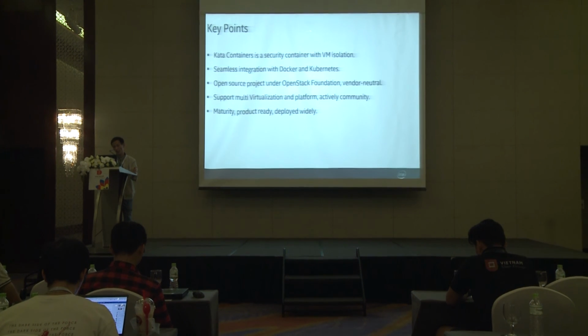And Kata is actually a very active community. It attracts contributions from Intel, Huawei, Alibaba, IBM, Google, Red Hat, and it's a mature solution. And some customers have put Kata container in their production environment.